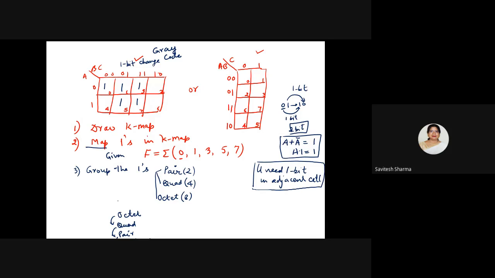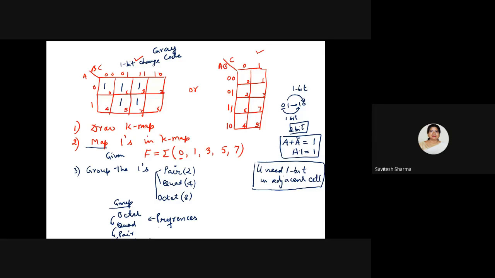So while grouping, first you will start from octet, then you will go for quad, then pair, then individual. These are the preferences. So hope you remember how you will take the grouping.